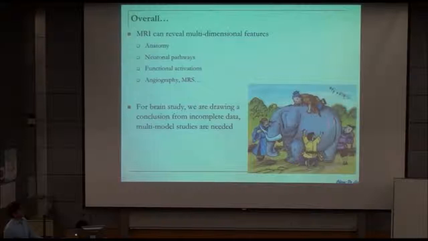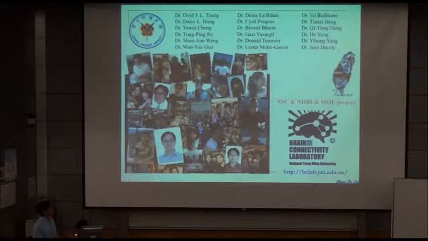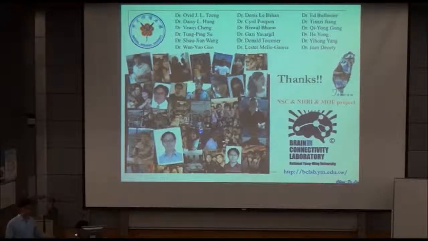For example, say an elephant: we want to know its brain, but we can only detect from very small regions. So the most important issue is how to integrate all the information together to get the big picture. That's very important. That's my lab, and thank you a lot for your attention.